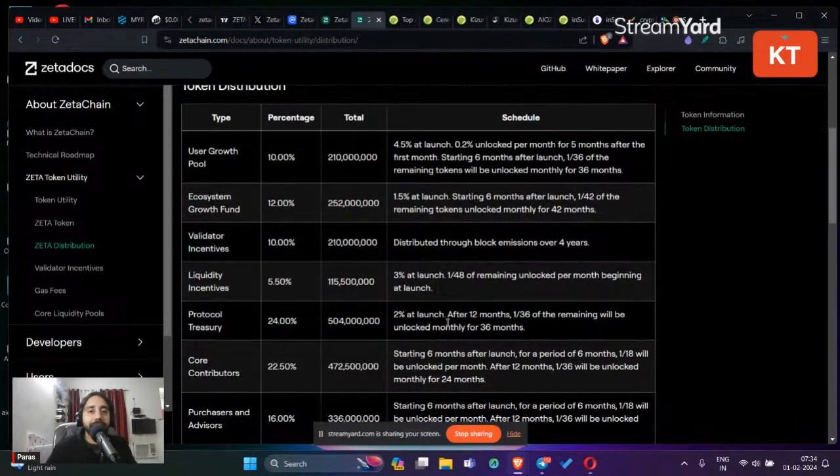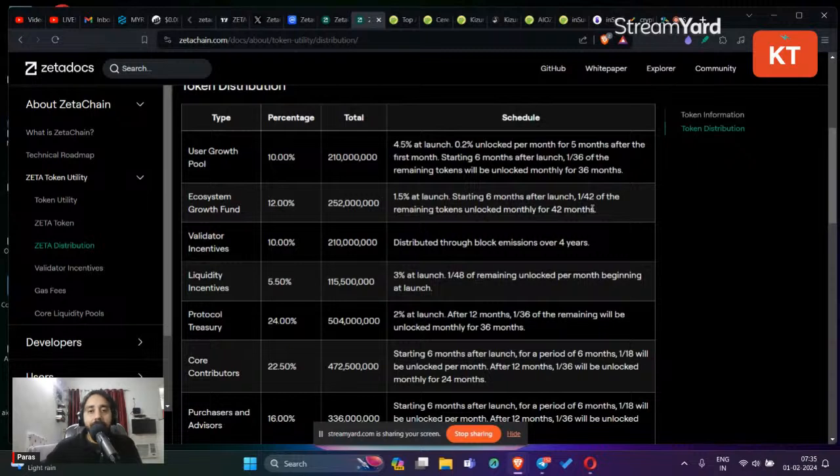They are not releasing all the tokens simultaneously, and that's a very good thing they have done for the launch. That means the supply will not be much, at least for now. So if the token is launching today, I don't think the supply will be high, and that can be a good thing. At least for the next 6 months, the token won't have much supply.